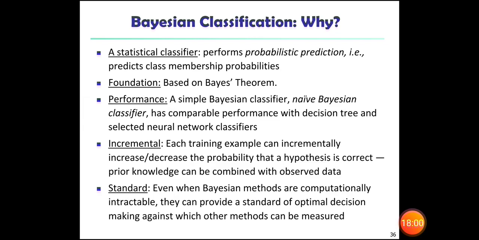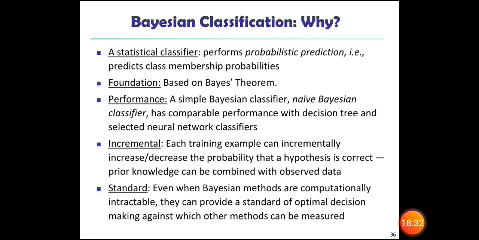Bayesian classification. Why do we need to go for Bayesian classification? It is a statistical classifier. It performs probabilistic predictions, that means it predicts class membership probabilities. The second one is foundations. It is purely based on Bayes theorem.